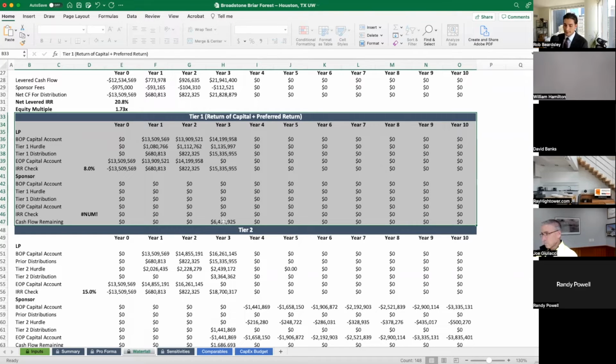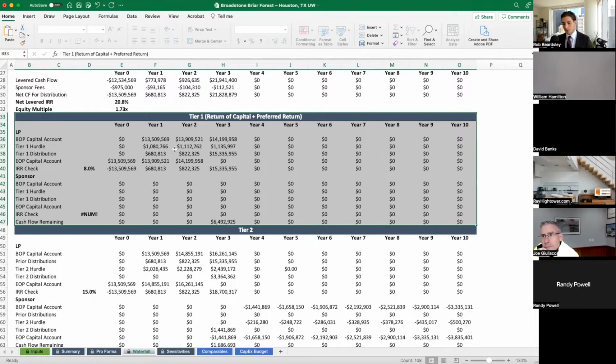That's really, maybe it's true, but it's essentially nonsensical. You can't really have a preferred return if step one in the distribution schedule is return of capital, because if you return capital prior to accruing the pref, you're constantly reducing what that pref is because you're reducing the capital account. It doesn't make any sense.